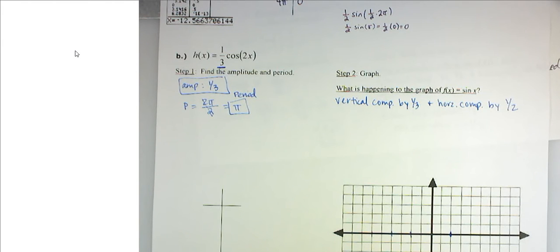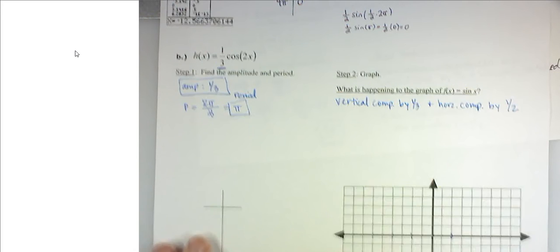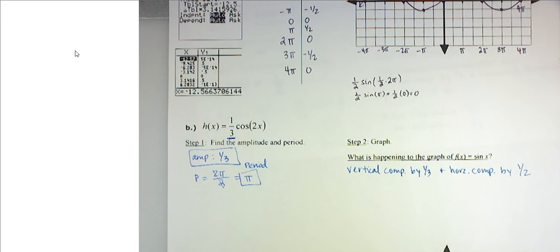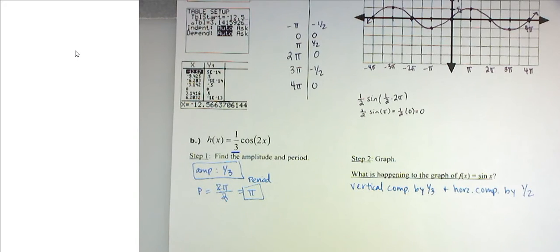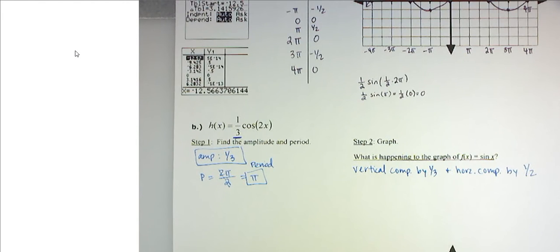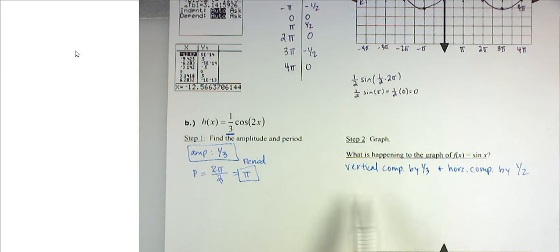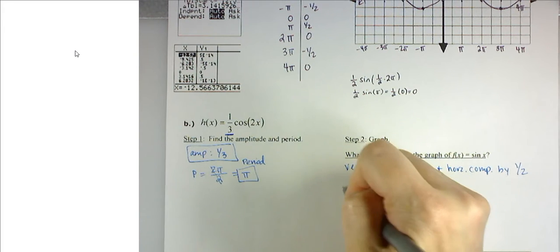All right, and then again, because the vertical compression is by 1/3 and that is affecting your amplitude, that means your new max / min is going to be 1/3 and -1/3.